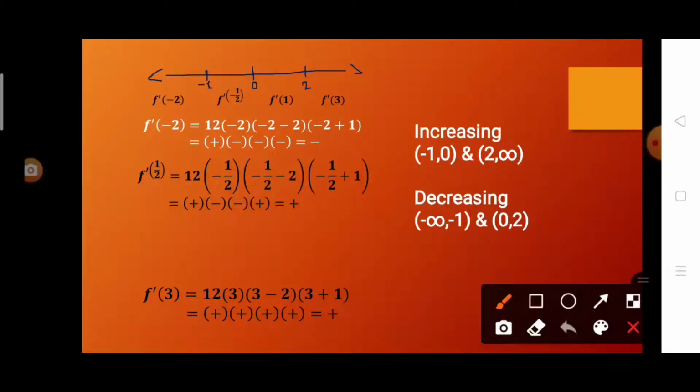So the result is negative. Second is f prime of negative 1 half, which is equal to 12 times negative 1 half times negative 1 half minus 2 times negative 1 half plus 1. There are 2 positive and 2 negative, so the result is positive.